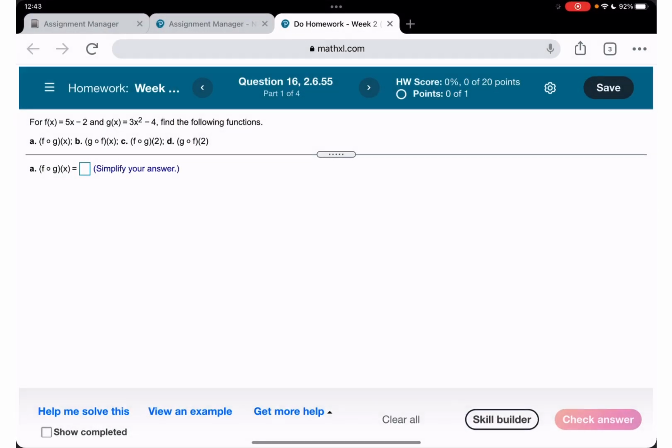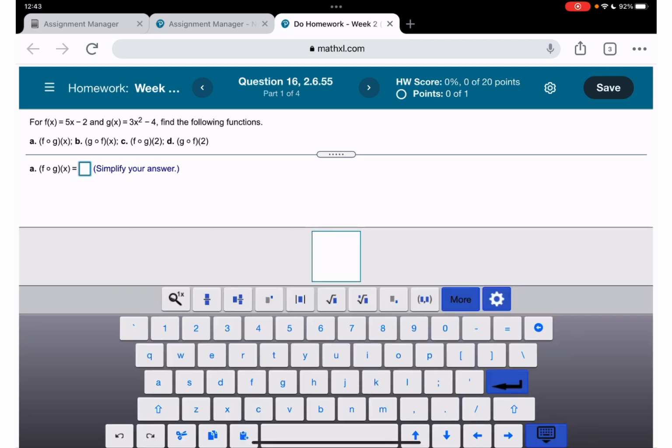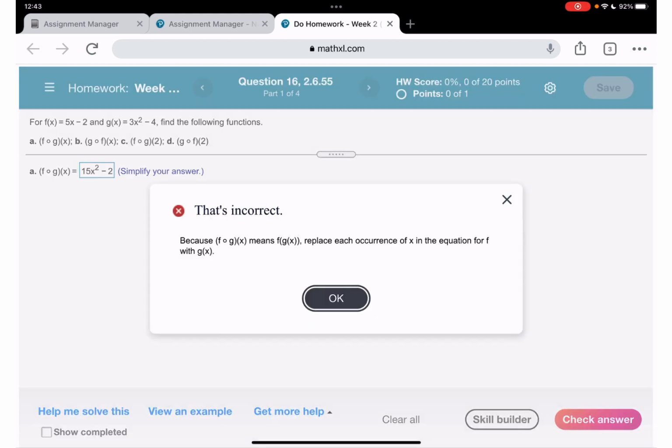Let's check it. Going back. 15x squared minus 2. Oops, that's incorrect. In the equation of f, so what is wrong?